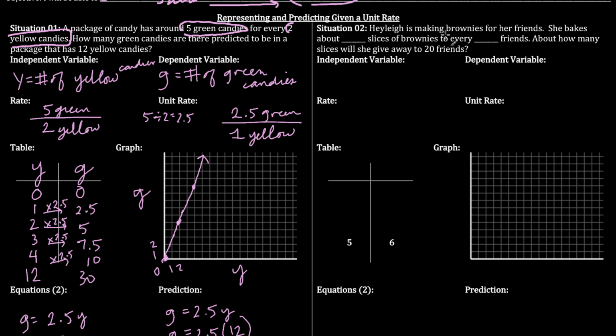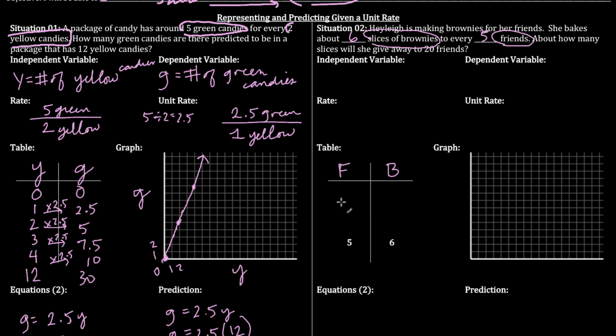So we have two things: slices of brownies and every how many friends. So topic was the brownies and the friends. Okay, cool. So she bakes about 6 slices of brownies for every 5 friends.